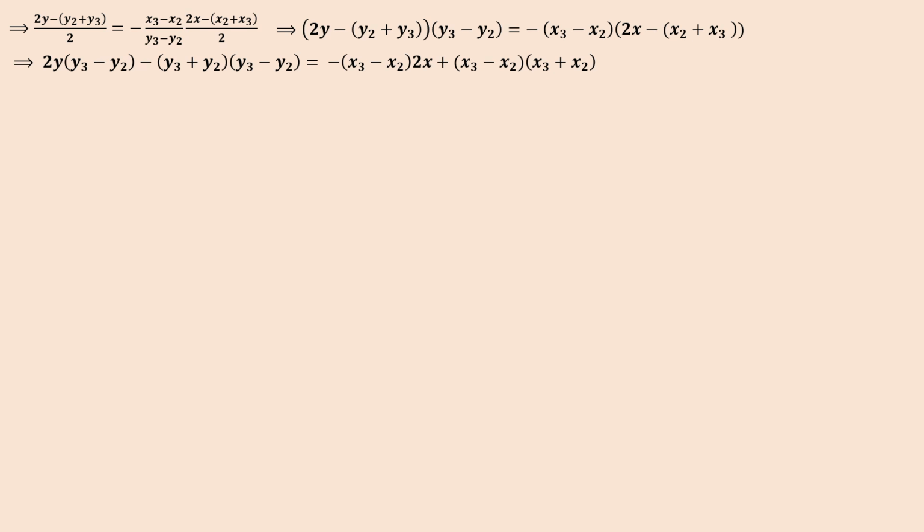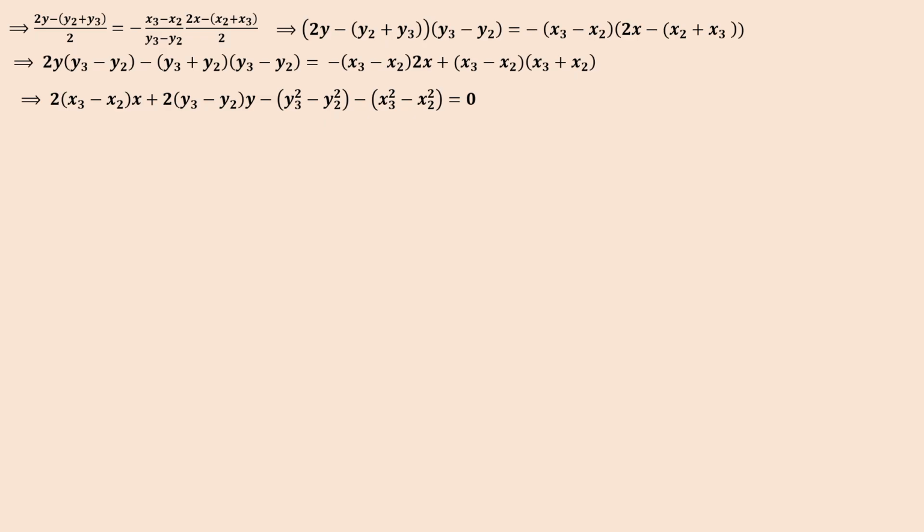So we bring the x term and the constant term from the right hand side to the left hand side and write it in standard form: 2(x3 minus x2) into x plus 2(y3 minus y2) into y.